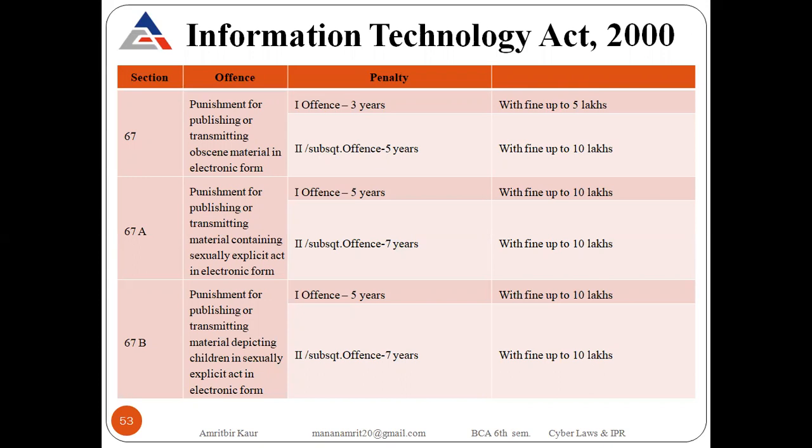Then the next section is section number 67B, punishment for publishing or transmitting material depicting children in sexually explicit acts in electronic form. There can be 5-year imprisonment with fine up to 10 lakh, and the second can be imprisonment of 7 years with fine up to 10 lakh.